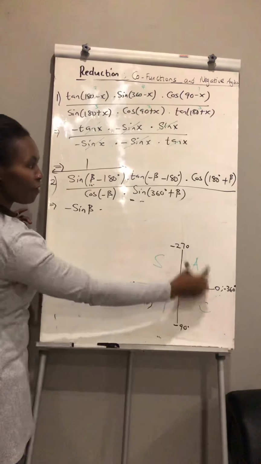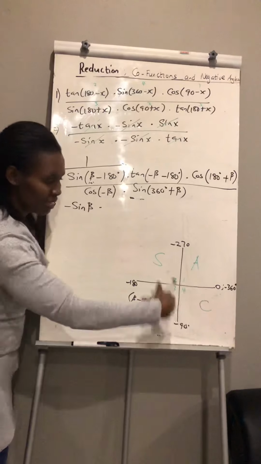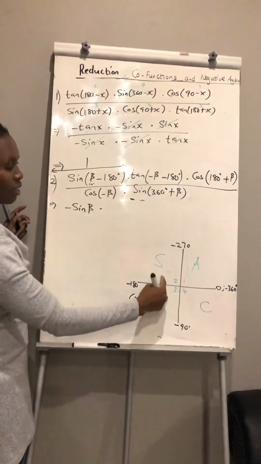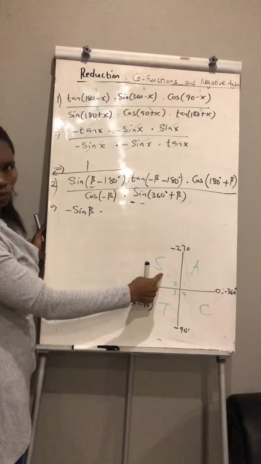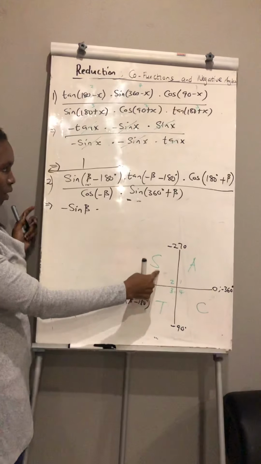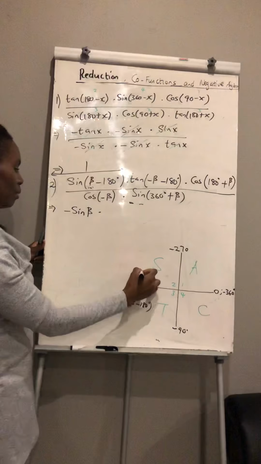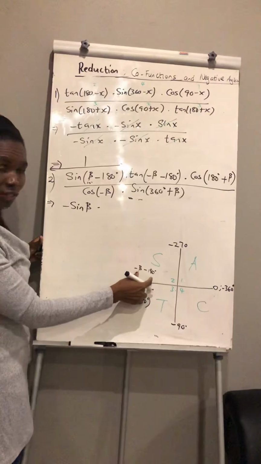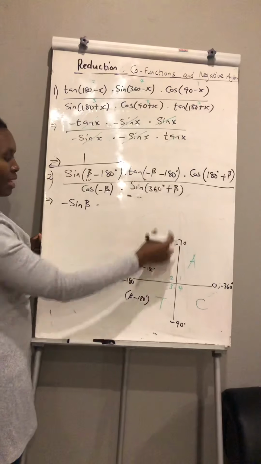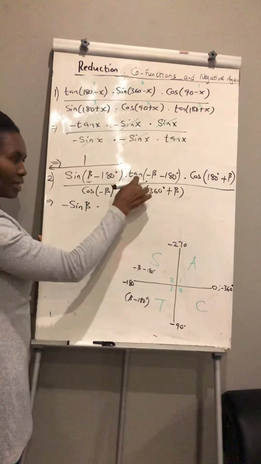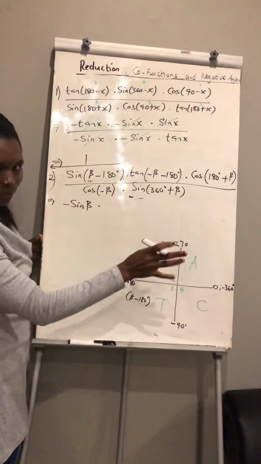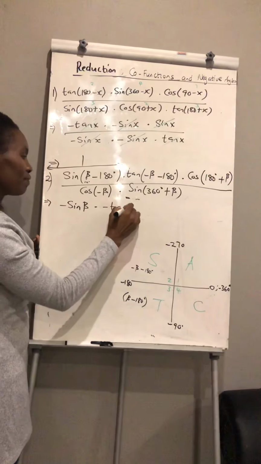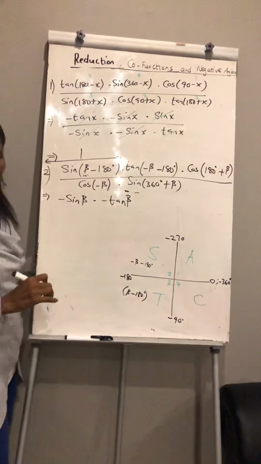So you go and find minus 190 here on this Cartesian plane, and minus 190 would definitely be in the second quadrant. Now that we have agreed that minus beta minus 180 is an angle in the second quadrant, we ask ourselves, in the second quadrant, is tan positive or negative? And yes, that's how we figure out it's negative. So we put it there.